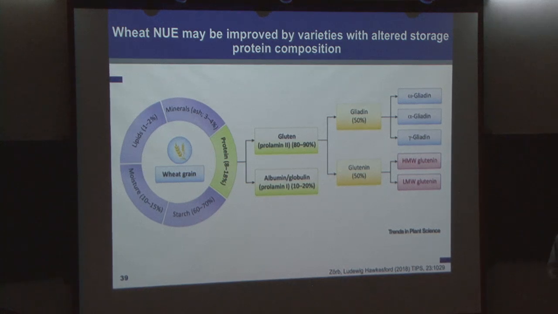But by manipulating them, maybe with modern gene editing tools, we can knock out certain protein fractions that are not important for baking quality, and we can maybe modify the different fractions of glutens in the grain, so that we get higher baking quality, even with much less protein content and concentrations in the grain. So that's one thing that we envision for the future.